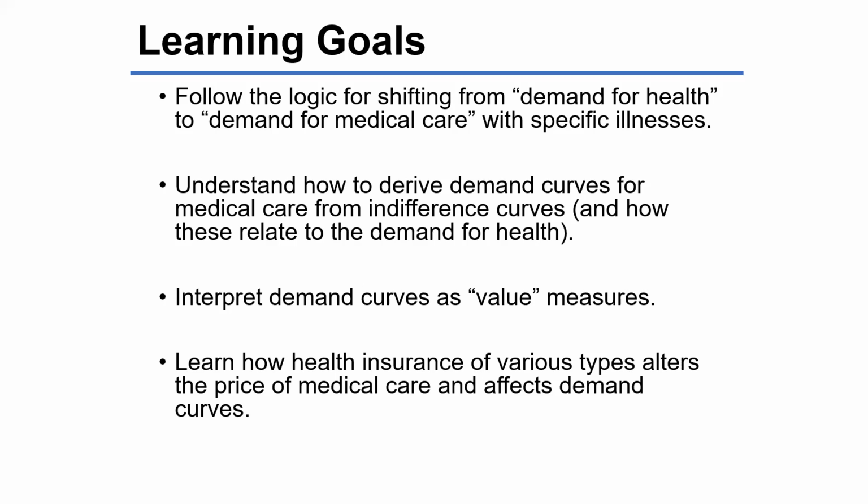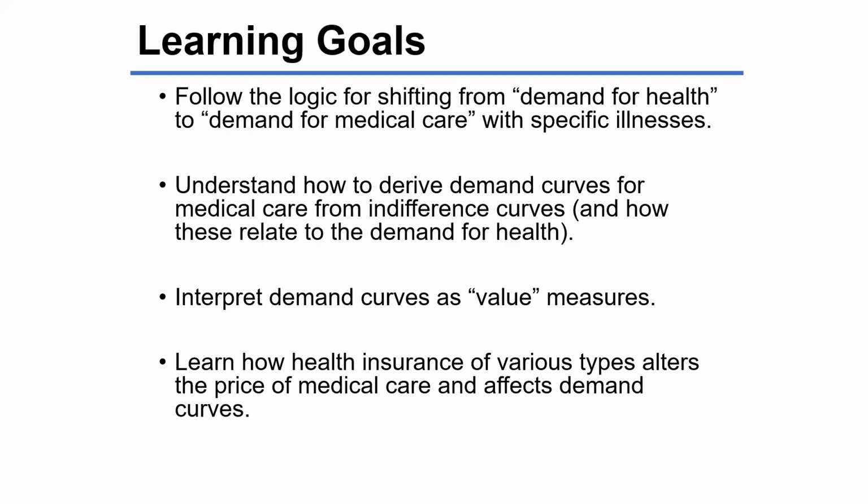These are combinations of health and other goods that give the same amount of utility or satisfaction or happiness, as we might call it. How do these relate to the demand for health? For health, we try to interpret demand curves as value measures, as an expression of what is valuable or important to consumers.